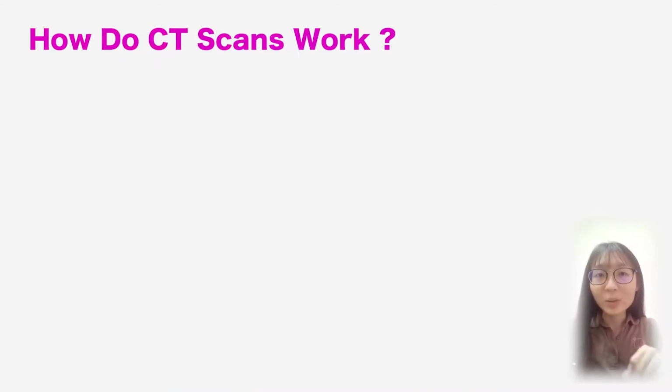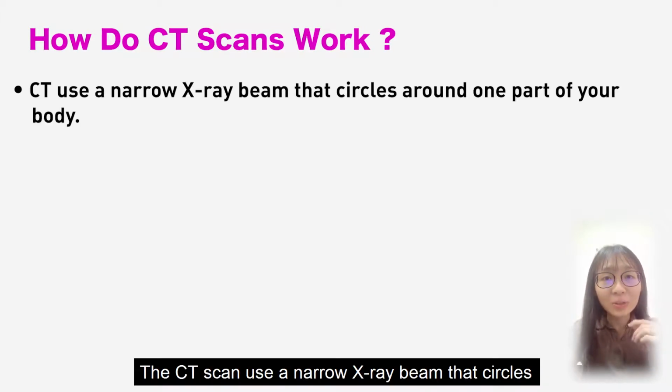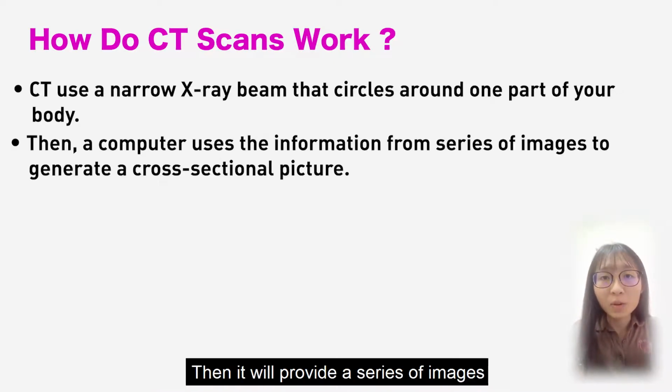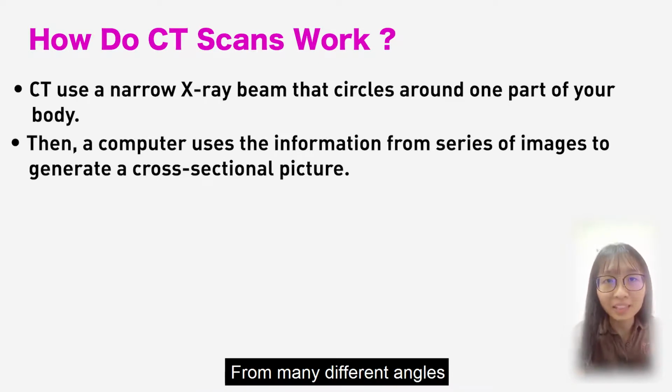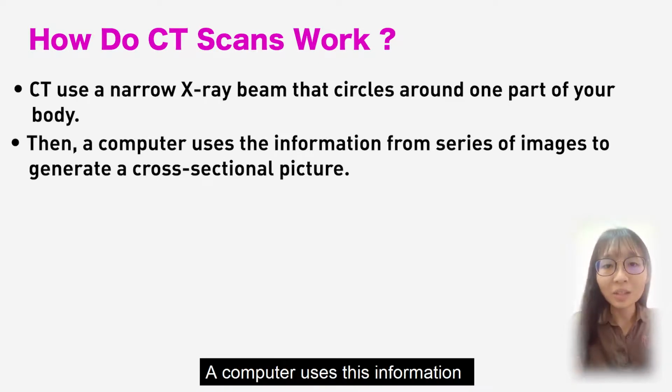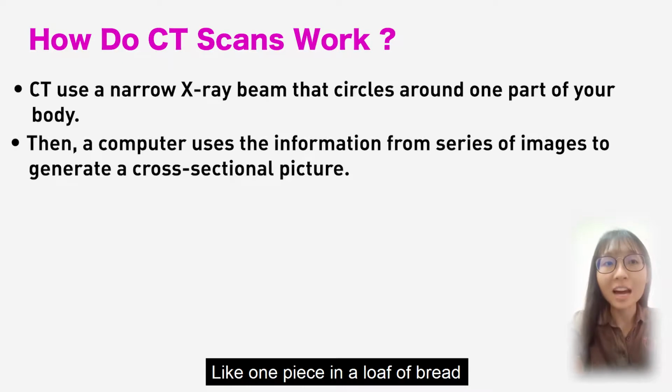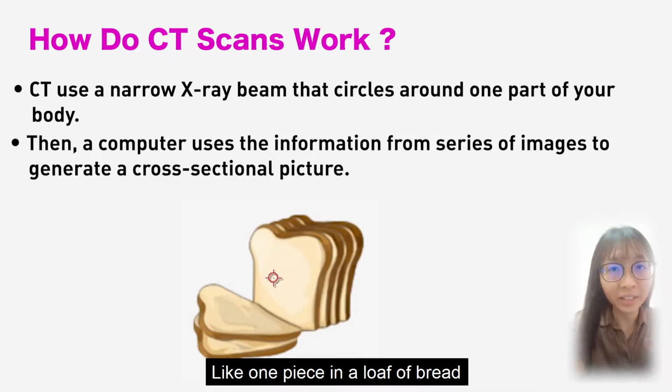So what are the working principles of the CT scan? The CT scan uses a narrow X-ray beam that circles around one part of your body. Then it will provide a series of images from many different angles. A computer uses this information to generate cross-sectional pictures like one piece in a loaf of bread.